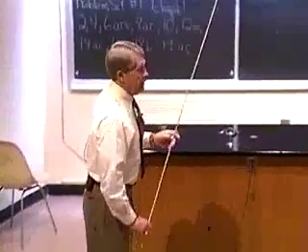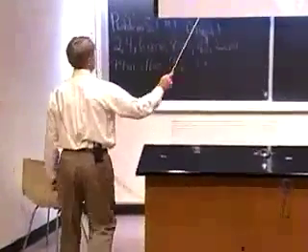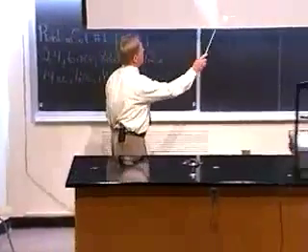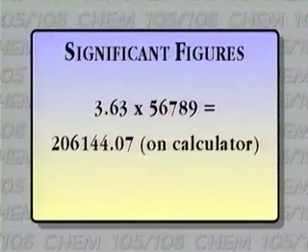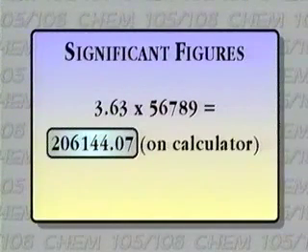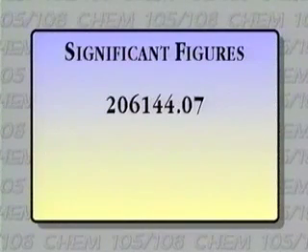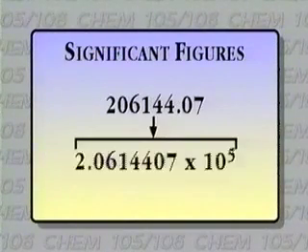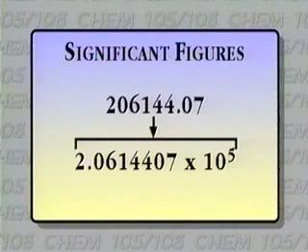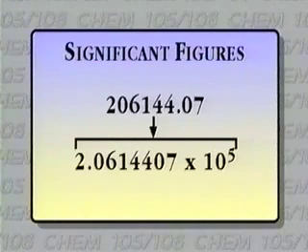Well, now if we do that, then what we're going to have to do is first of all rewrite this number in scientific notation. So notice I have moved the decimal 1, 2, 3, 4, 5 places over, rewriting the number 2.0614407 times 10 to the 5th.